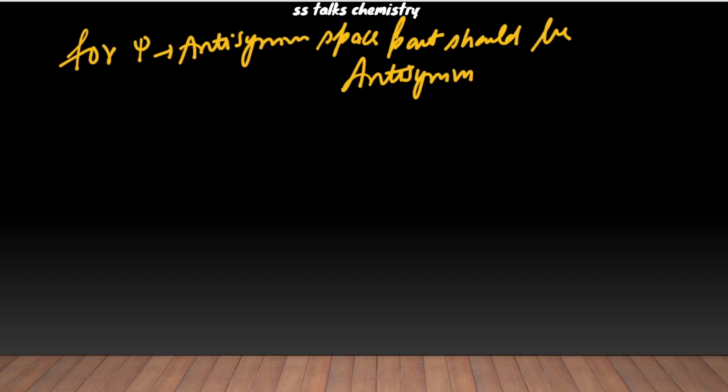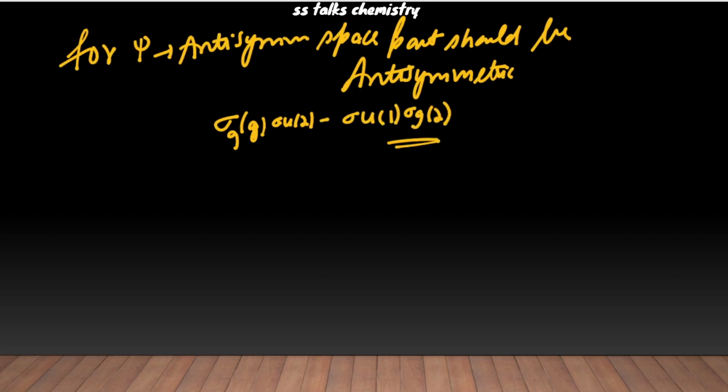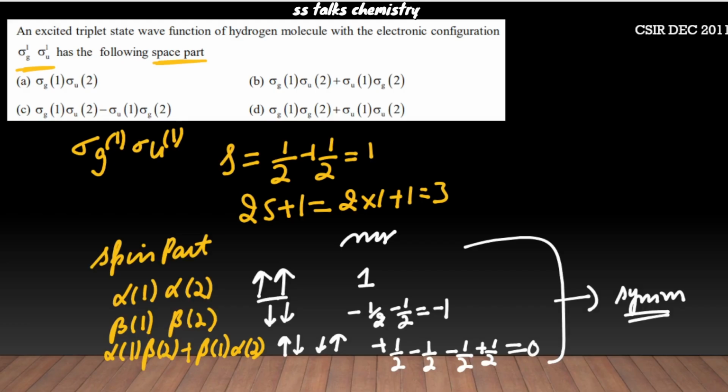That means this wave function will be possible for the space part, that is sigma g1 sigma u2 minus sigma u1 sigma g2. So this is your anti-symmetric wave function, the space part of your wave function. From the options, the one with the negative sign is given only in option C, so option C becomes the right answer.